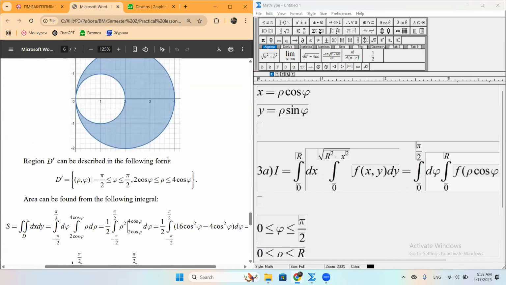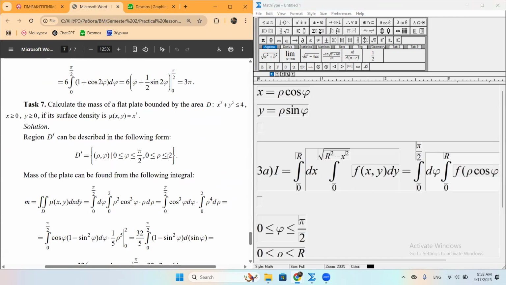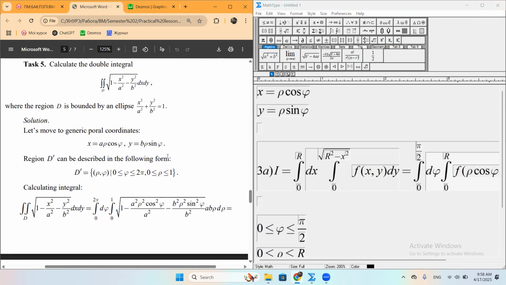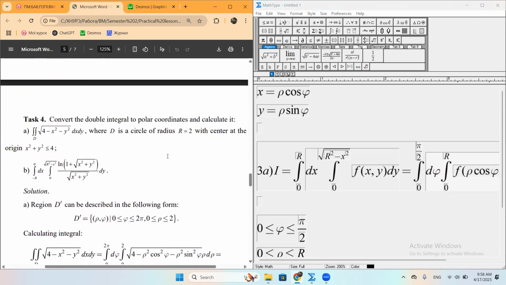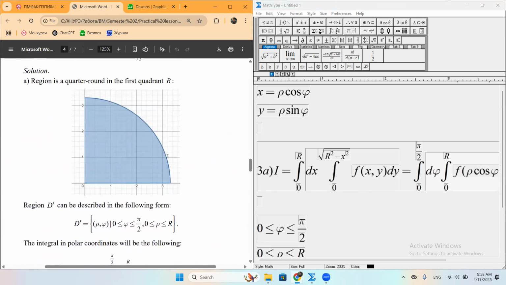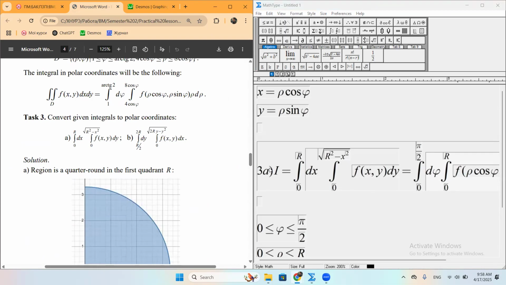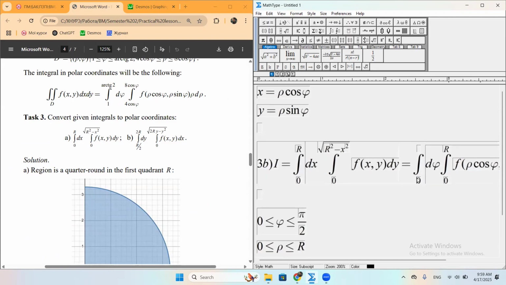But let's see if we have time for it. Actually, I guess that we have time for this exercise. So for part B, let's complete it as well. So we have other limits of integration.